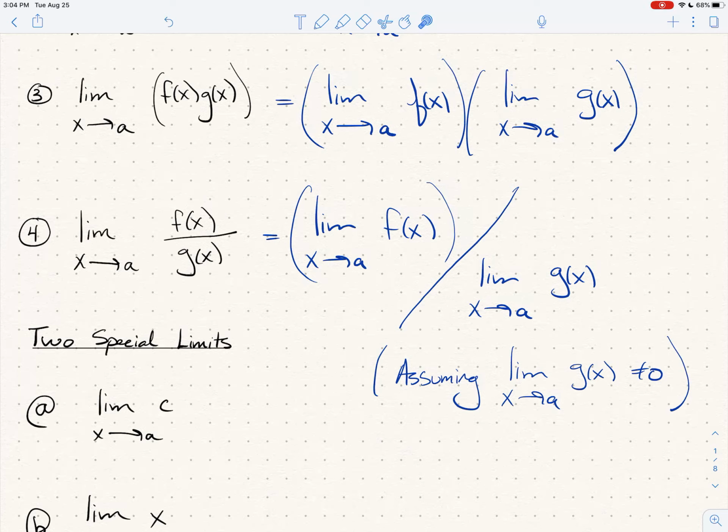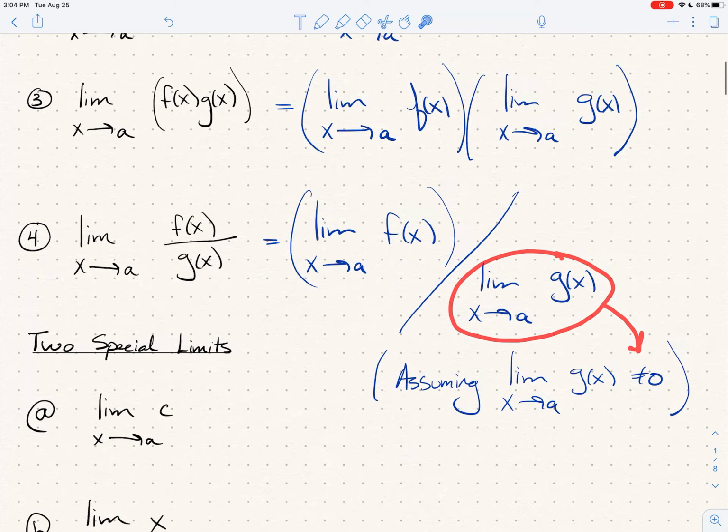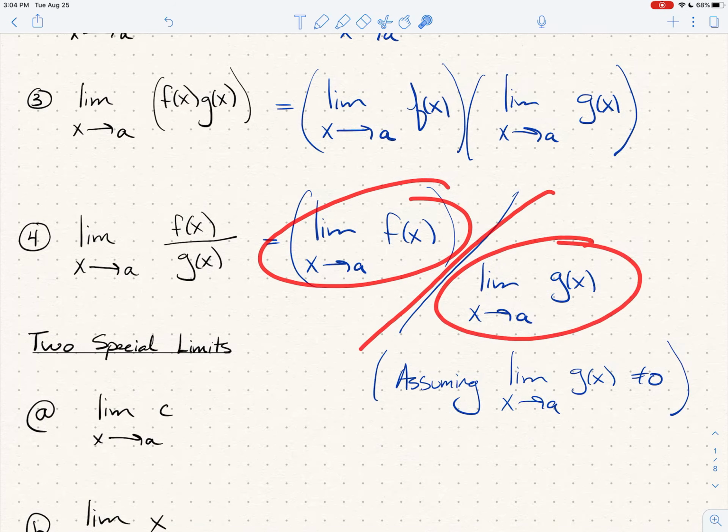So it may be that g of x is not 0 around a, but the limit as x goes to a of g of x could be 0. Does that make sense? g of x itself may not be 0 anywhere near a, but when you compute the limit as x goes to a of g of x, you get 0. In that case, the limit law doesn't apply. Otherwise, the limit of the quotient is the quotient of the two limits.